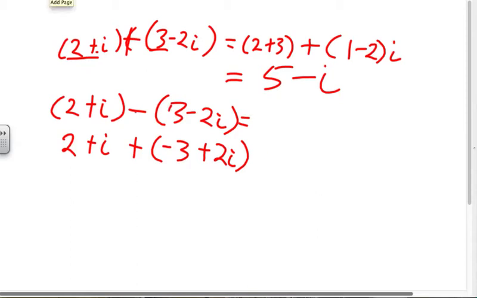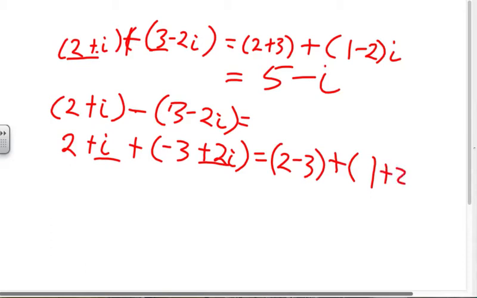And here again, you put together your like terms. I'll have 2 minus 3, those are my reals, plus my imaginaries, I have a 1 plus 2i. That gives me negative 1 plus i. And that's how you add and subtract.